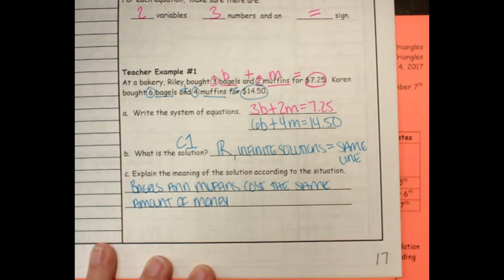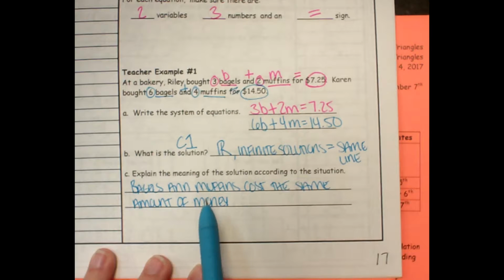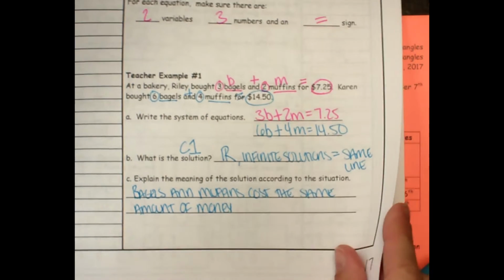Because if we had gotten an answer back, it would have been b, comma, m, so it would have meant that our bagels cost $2 and our muffins cost $3. But because we got this, meaning it's infinite solutions, it means that all of our bagels and muffins cost the same amount of money.